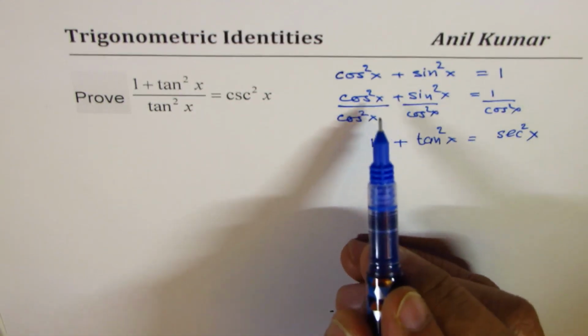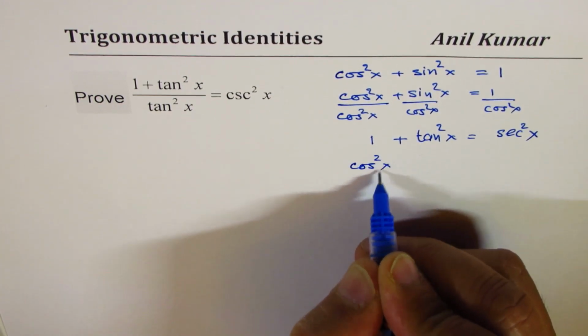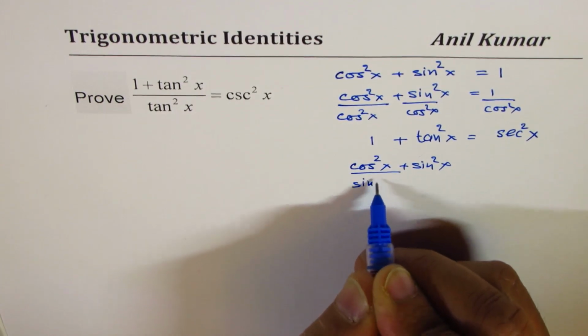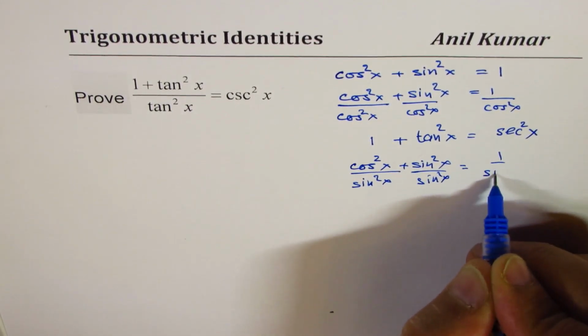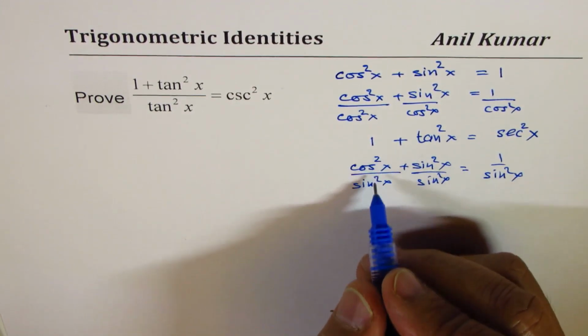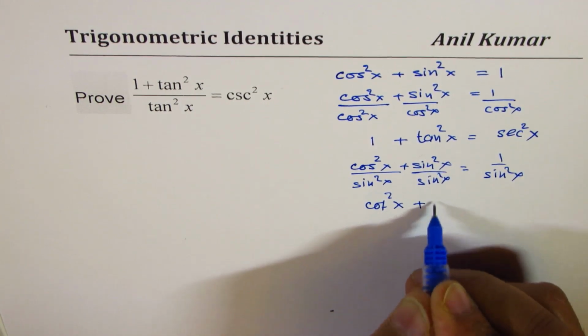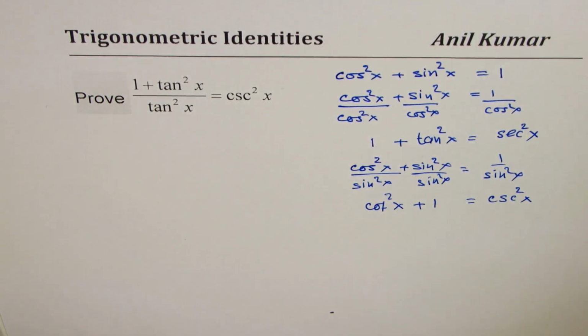If I divide by sine square x, then what happens? Let me do that also. Cos square x plus sine square x divided by sine square x gives 1 over sine square x, right? Here cos over sine is cot. We get cot square x plus 1 equals cosecant square x, correct?